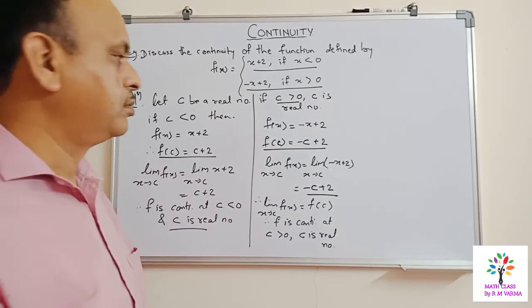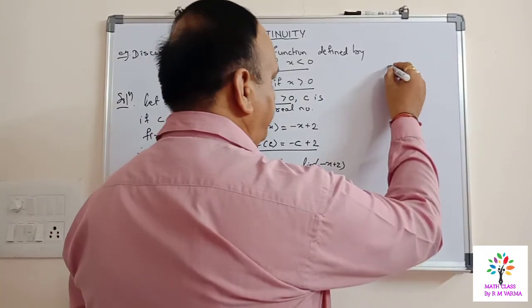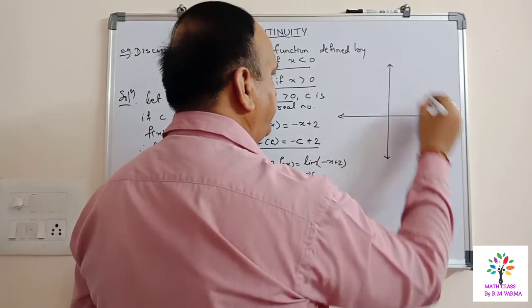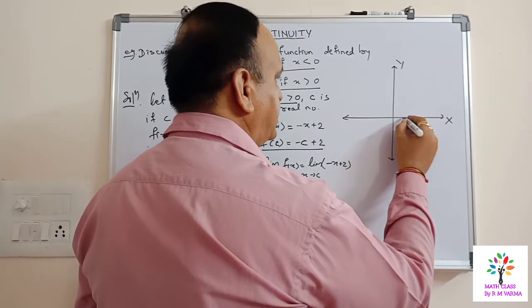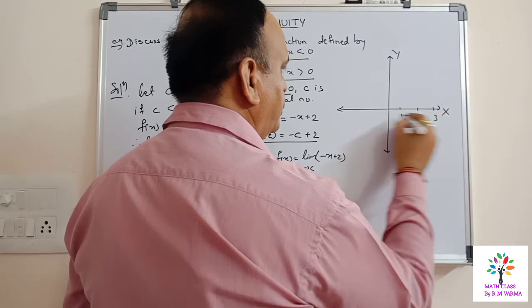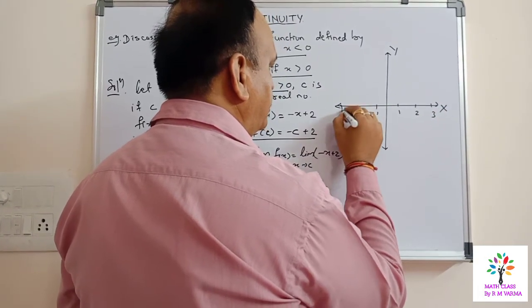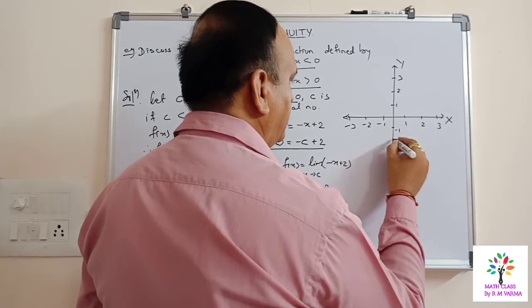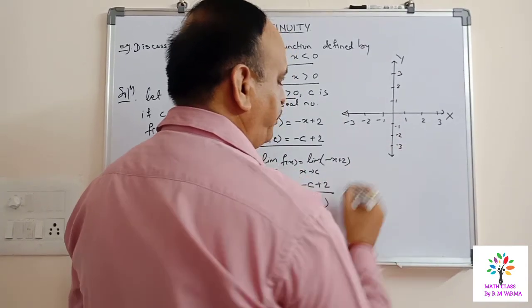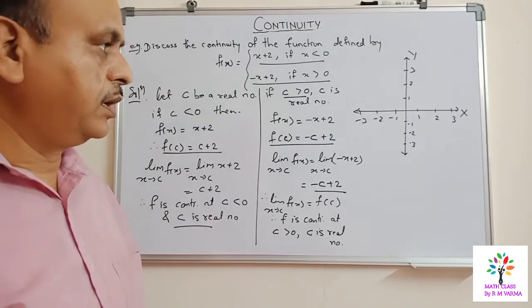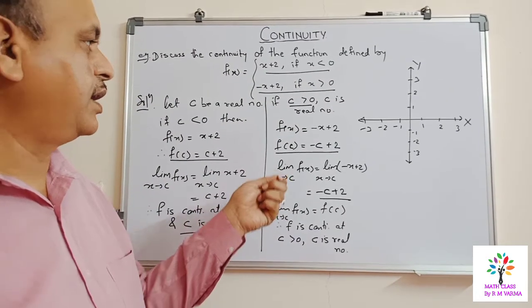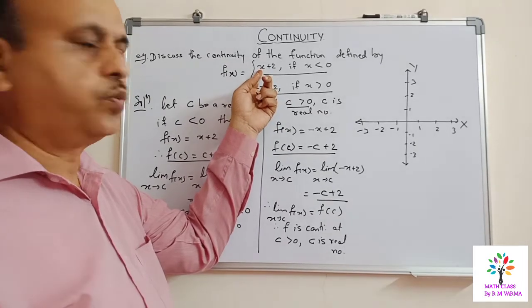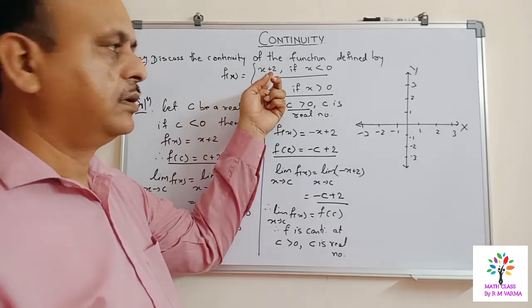Now to understand it more clearly, let us draw a graph. X-axis, y-axis, so 1, 2, 3, minus 1, minus 2, minus 1, 2, 3. Now when we draw the graph, if I take x as 1, the answer is 3.